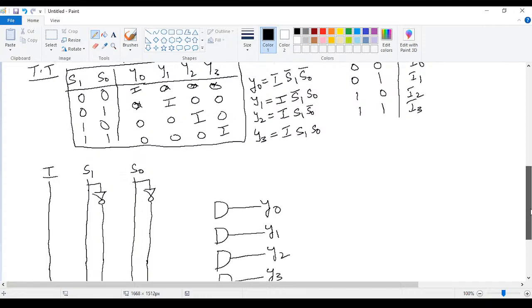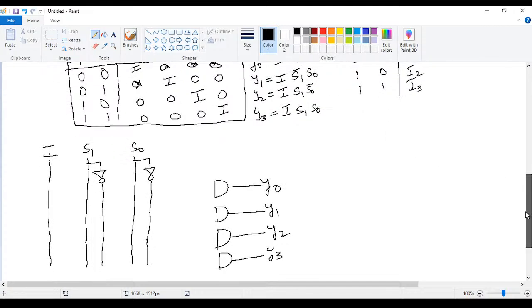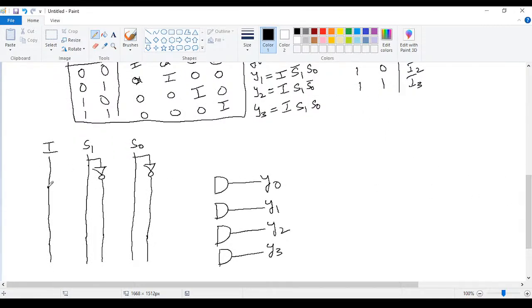The expression for y0 is I into S1 bar S0 bar, so it should be connected to the AND gate for y0.